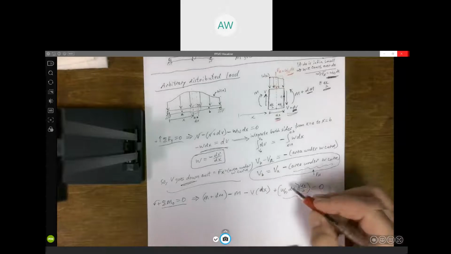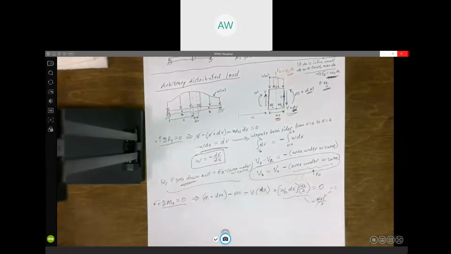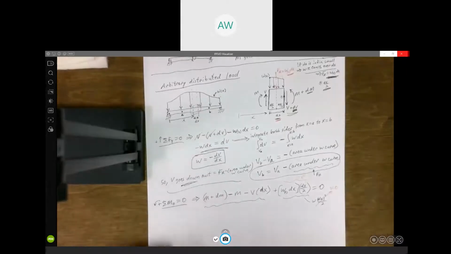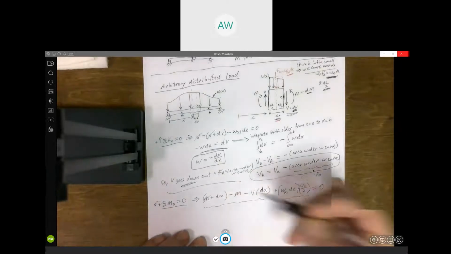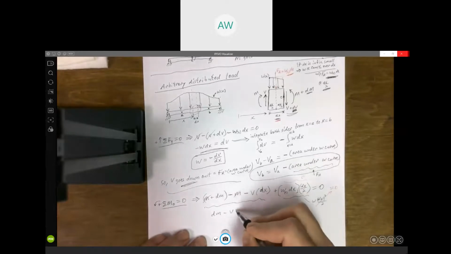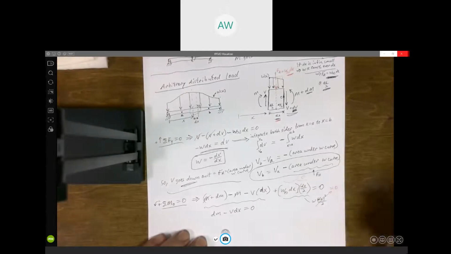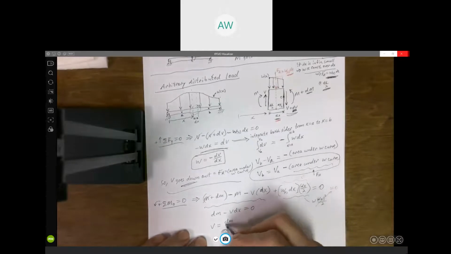This term is so small, we're going to neglect it. So what we're left with is the stuff over here to the left of that. Again, we got an M, we got a minus M, they cancel each other out. And so what we have is dM minus V dx is 0. Or if we solve that for V, we get dM/dx.